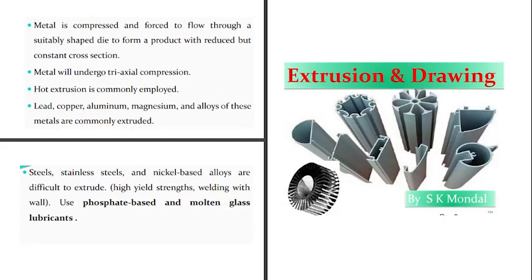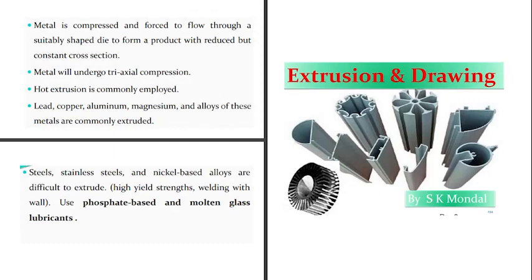Then move on to extrusion and drawing. So what is happening in extrusion? Your metal will be compressed and forced to flow through a suitably shaped die to form a product with reduced but constant cross section. In this, your material will go into triaxial compression. In rolling, it was biaxial compression, right?